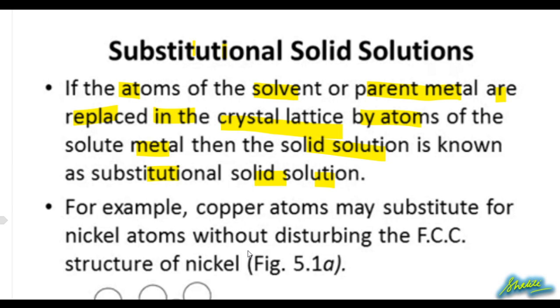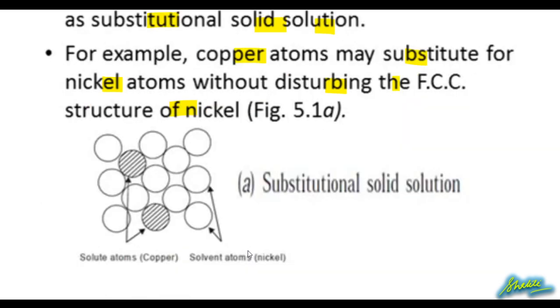That type of solids are known as substitution solid solutions. For example, copper atoms may substitute for nickel atoms without disturbing the FCC structure of the nickel. Here, as I have told you, these parent atoms are replaced by some new atoms.